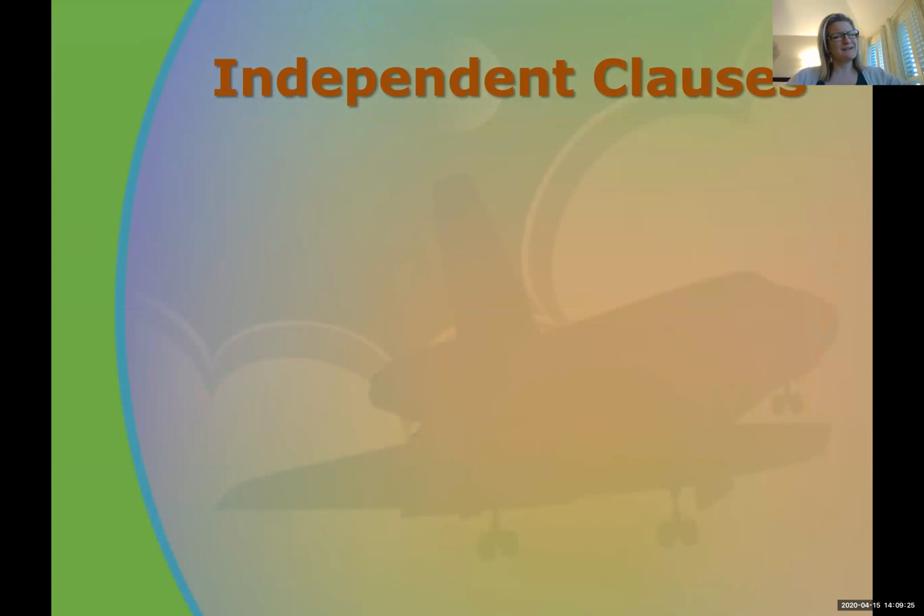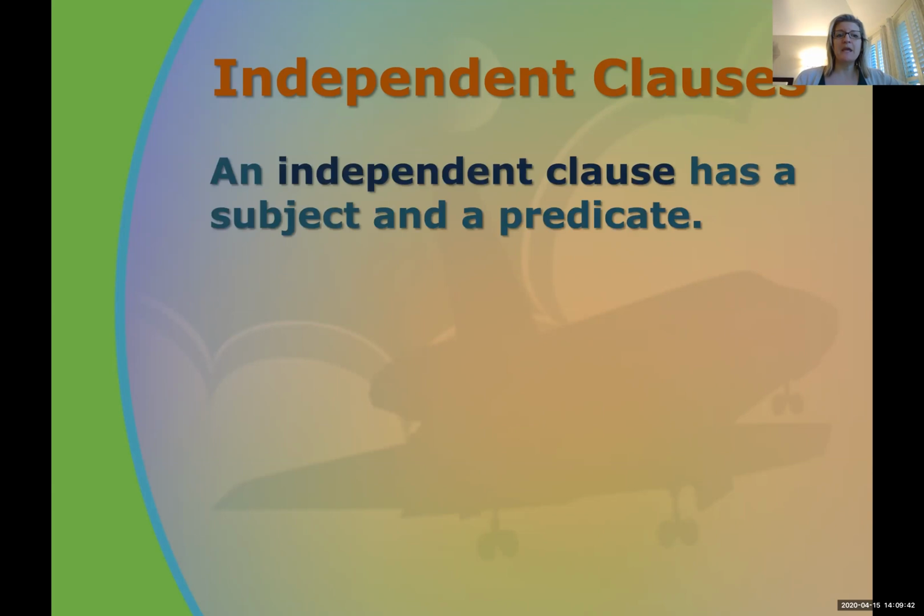Well, Mrs. Brennan, I'm pretty good at remembering things, and I don't remember you saying independent clauses. Well, you're right. It's called something else as well. Let me give you a hint and see if you can figure out what an independent clause can also be called. Here is your first hint. An independent clause has a subject and a predicate.